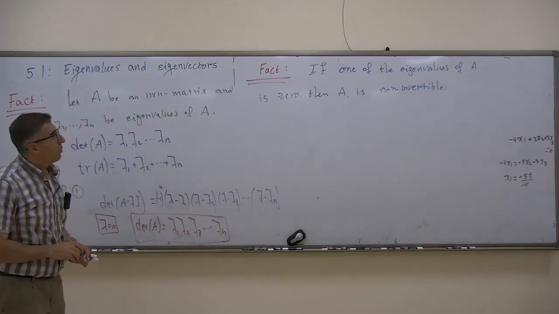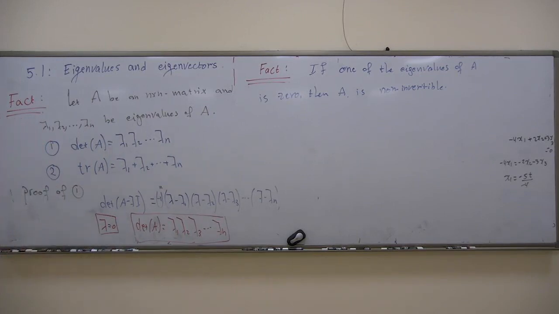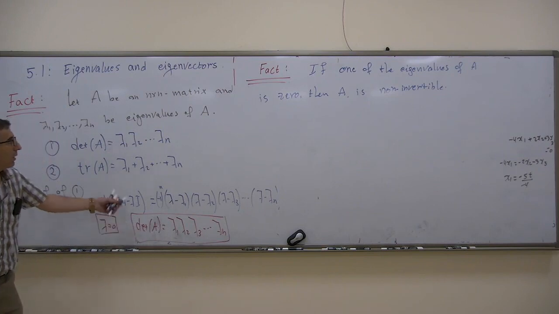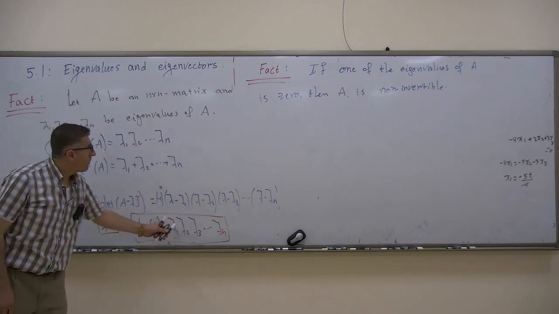Okay? If one of the eigenvalues of A is 0, then A is non-invertible. And you can see it right away from here, so I don't need to write another proof for that. Okay?